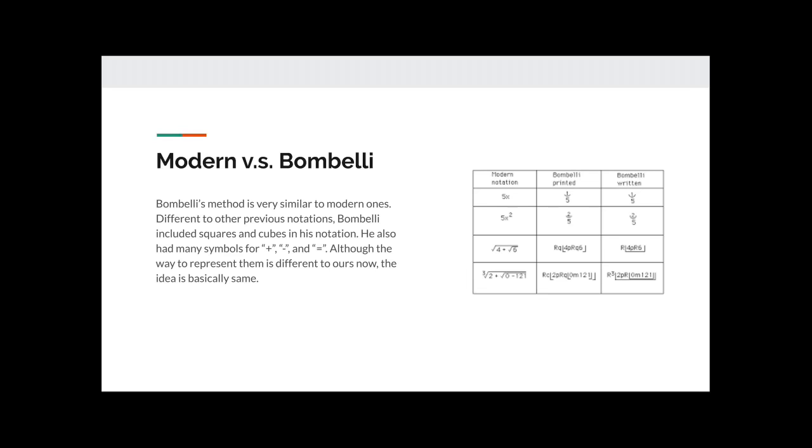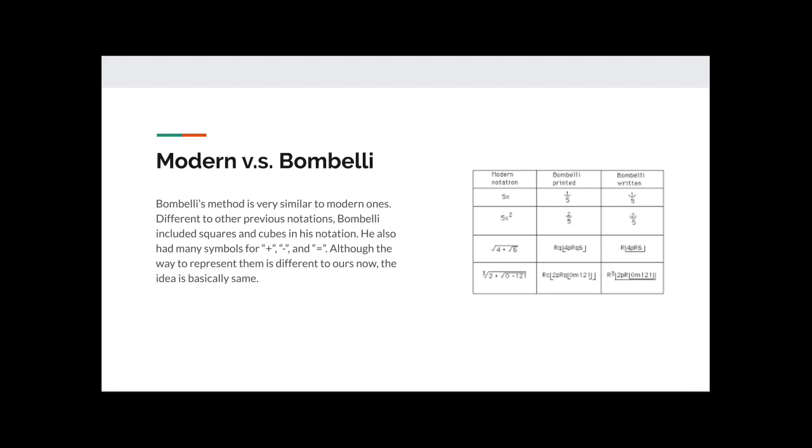He also had many symbols for plus, minus, and equal, although the way to represent them is different to ours now. The idea is basically the same. So I have a chart on the right to compare the difference of the modern notation and Bombelli's notation.